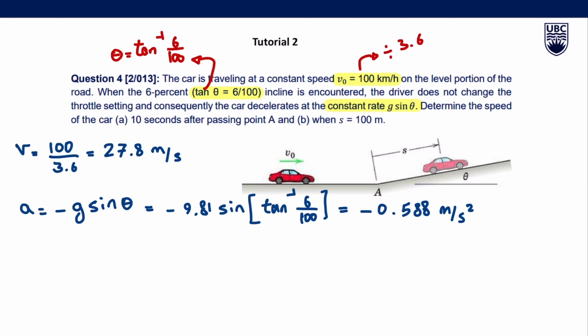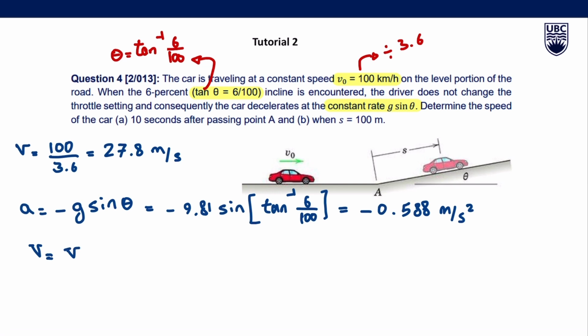For part A of this question, we want the speed 10 seconds after hitting the incline. Since acceleration is the change in velocity over time, we can multiply our deceleration by 10 seconds and subtract it from the initial velocity. This is the equation that I mentioned at the very beginning of the video, which we can use whenever acceleration is constant.